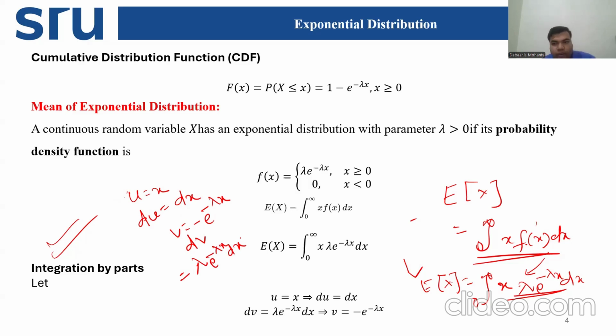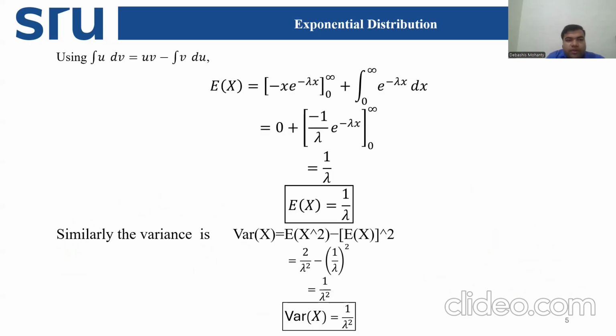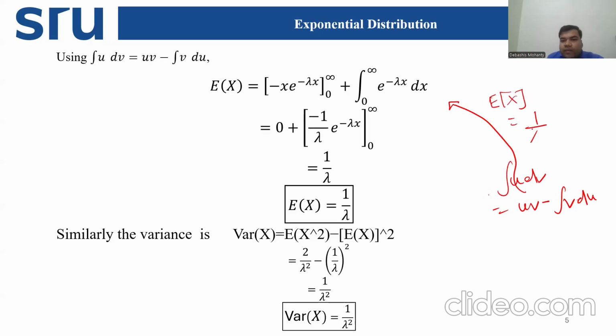After choosing u and v, we substitute using integration by parts: integration of u dv equals uv minus integration of v du. Substituting these values, we get the expectation of x equals 1 by lambda. Please remember this, as we will discuss in problems how to find the expectation using the exponential distribution. So the expectation is 1 by lambda.